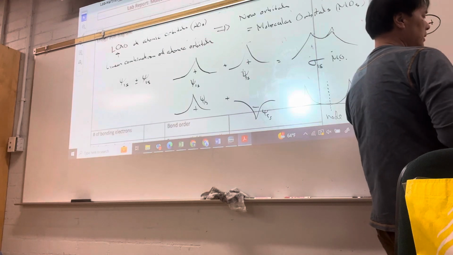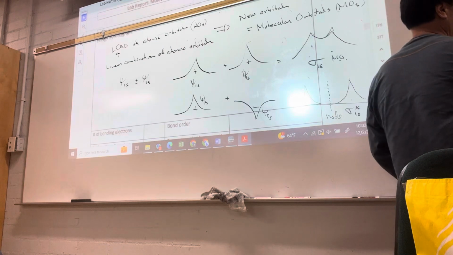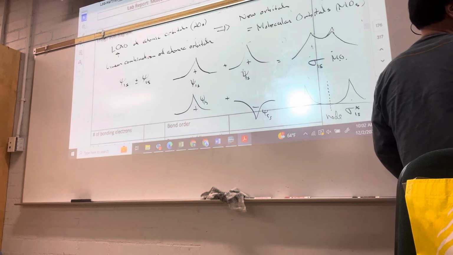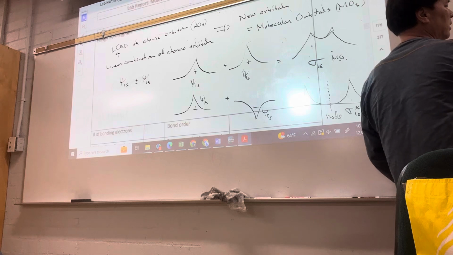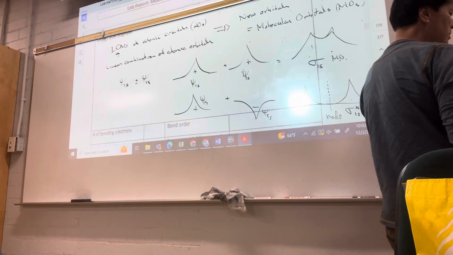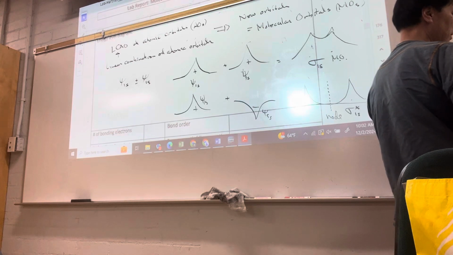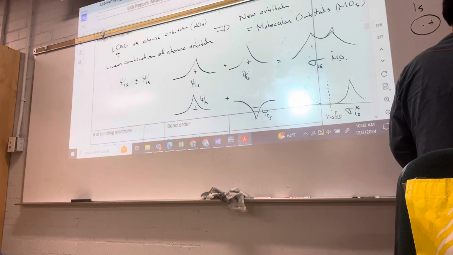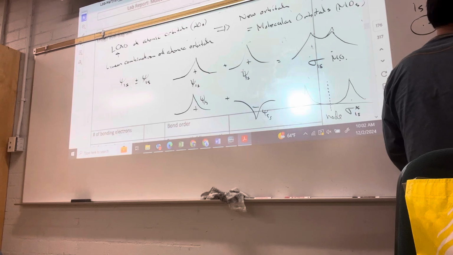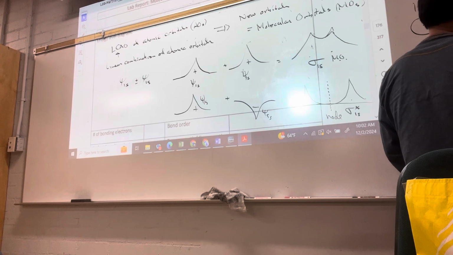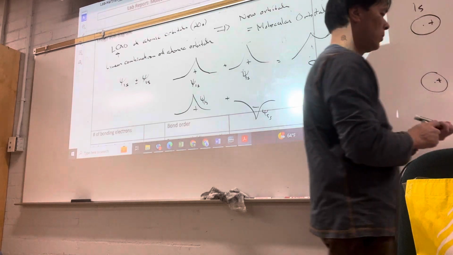Whereas here, the density is outside the internuclear region primarily. And so the two nuclei see one another and they're both positively charged, so they repel. So one orbital leads to an attraction, the other leads to a repulsion.